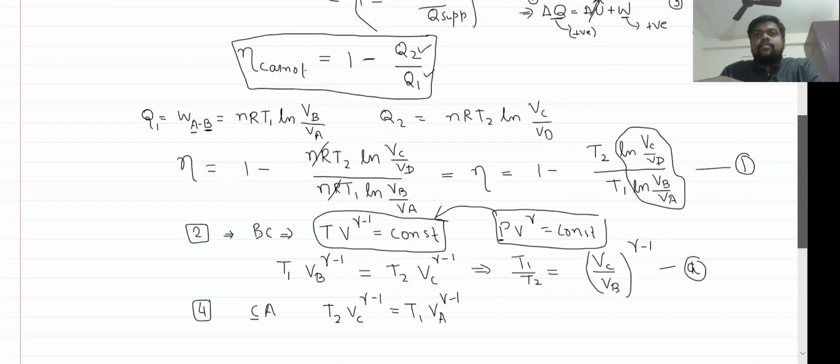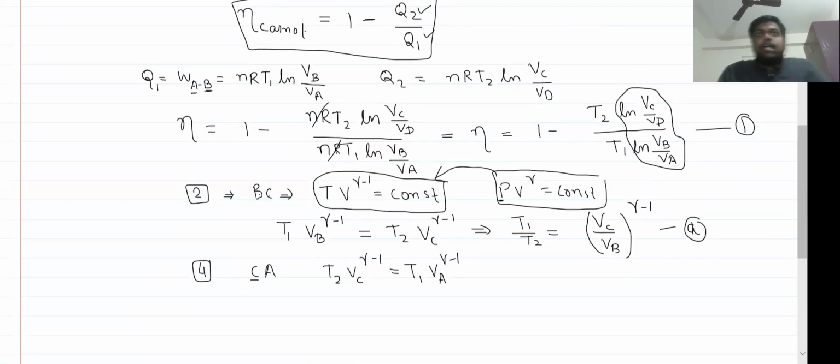Now further, when you find out the value of T1 by T2 from here, what we will get? T1 by T2 will be equal to Vc by Va to the power gamma minus 1.